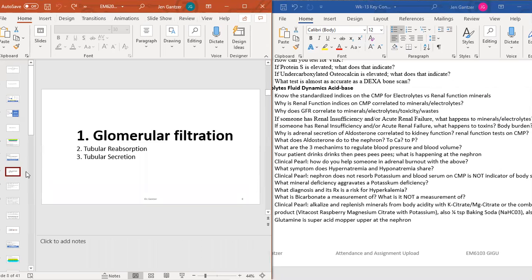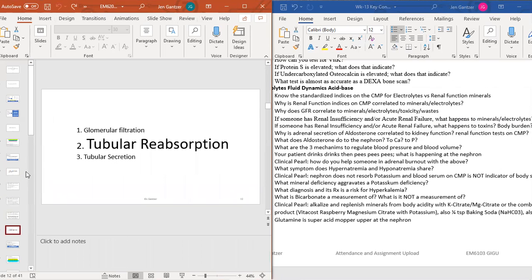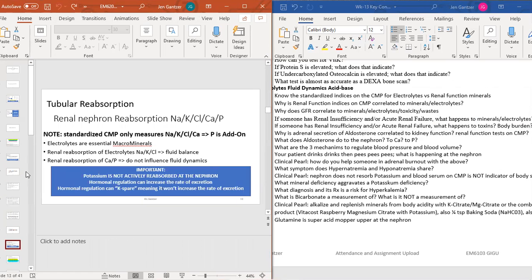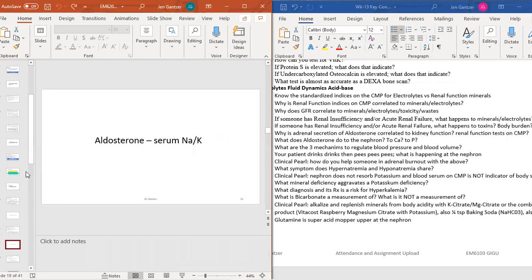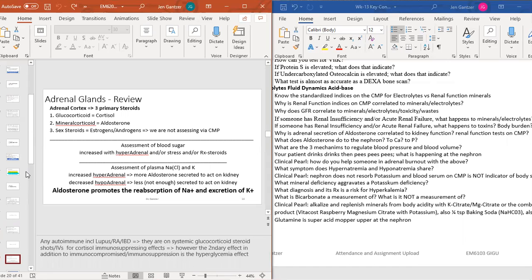Aldosterone is going to be the hormone that influences the resorption of the sodium. Under the RAS, RAAS, renin-angiotensin-aldosterone system, that is how we respond to changes in blood volume.